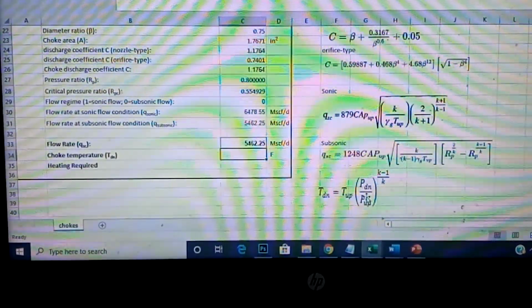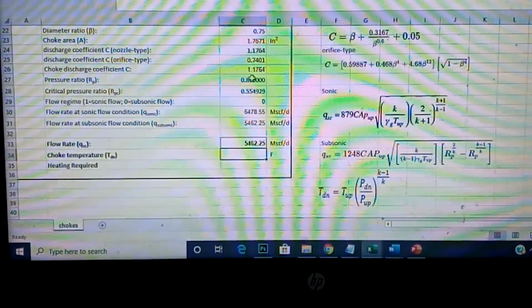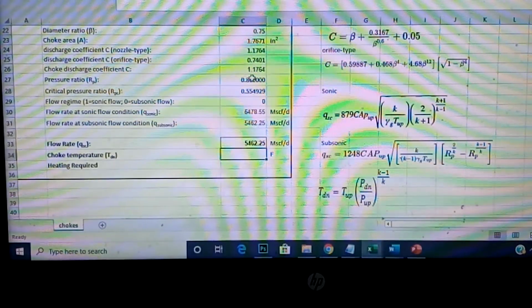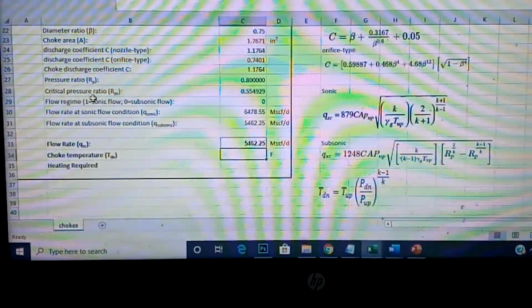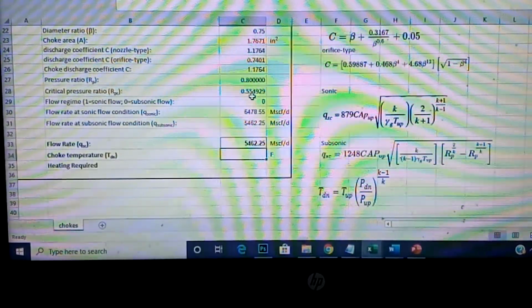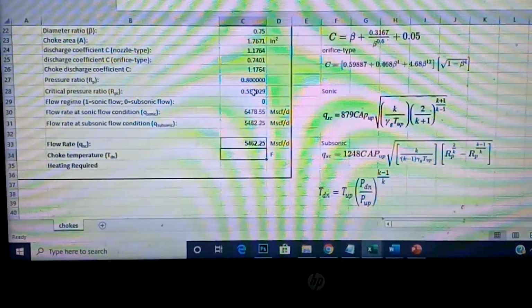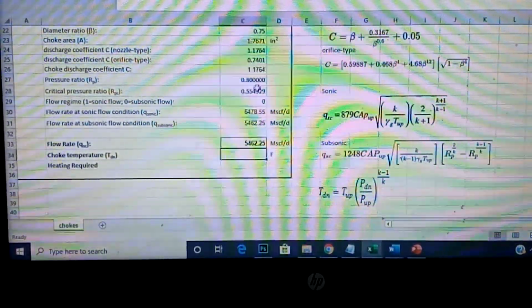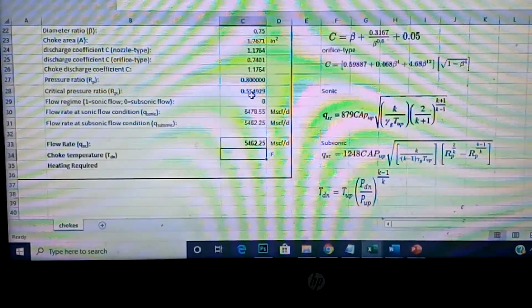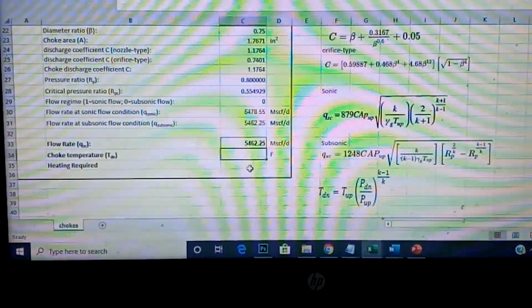If it's the subsonic flow, then I will use the regular pressure ratio. So you know, since sonic flow is always less than the critical, it means I have to always use the higher number between this and this. So this is what I'm going to do.